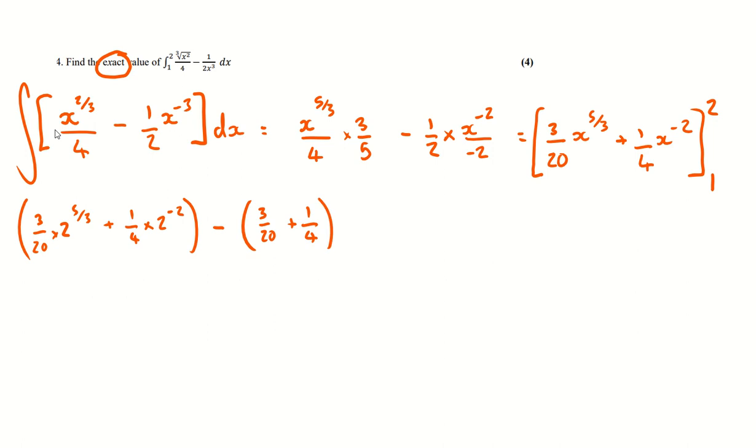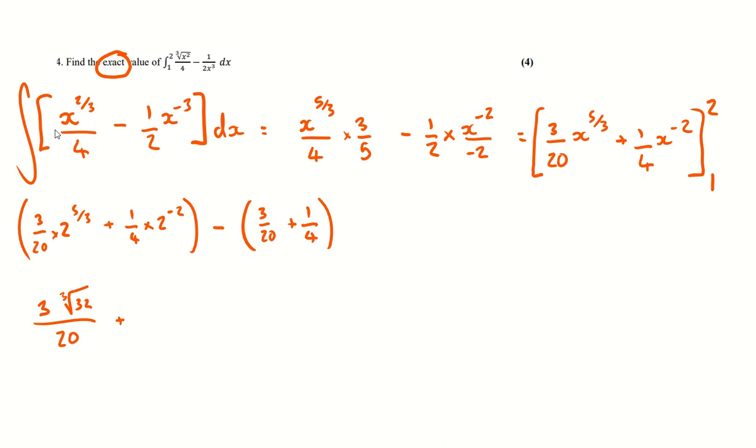Now 2 to the power of 5 is 2, 4, 8, 16, 32. So this is going to be 3 lots of the cube root of 32 all over 20, plus 2 to the power of -2, which is 1/4.